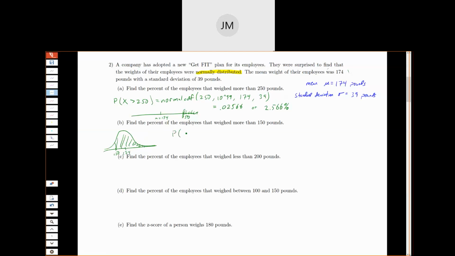So find the probability that x is greater than 150. Greater than 250 was a pretty tiny percentage. Greater than 150, though, I think is going to be a very big percentage. The only thing that changes here is that lower value. I still want to go from 150 and go up forever.